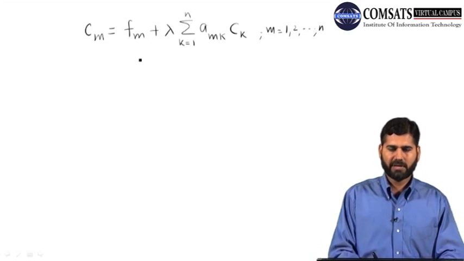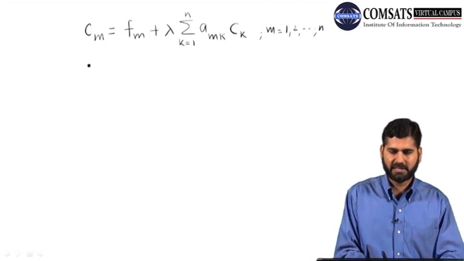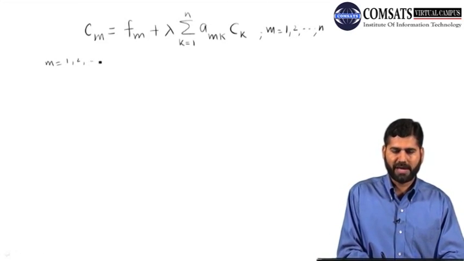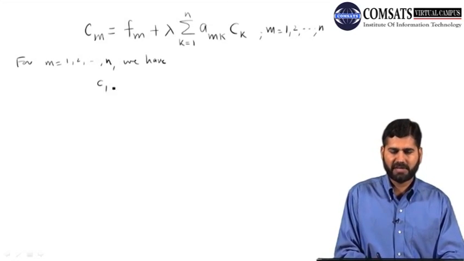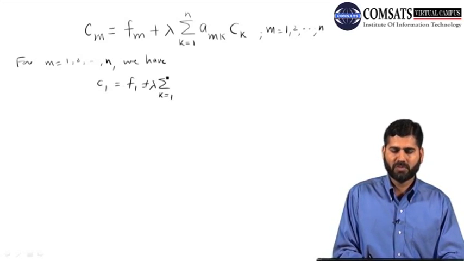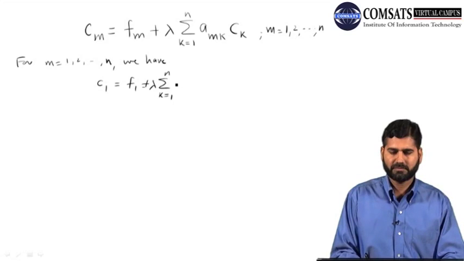Alright, so this is our equation and we need to convert this to matrix form. It's basically, for m going from 1 up to n, for each m I can write one equation. So when m is 1, c1 is equal to f1 plus lambda times the sum over k from 1 to n of a1k ck, right?